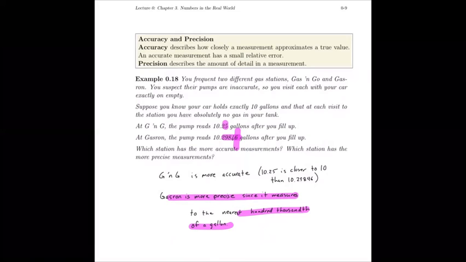So both of those are probably just fine, but we note that Gasron measures to the nearest 100,000th of a gallon, or we just see that it has the longer decimal expansion, more decimals, so it's more precise thanks to that. So one of these was more accurate, the other one was more precise.